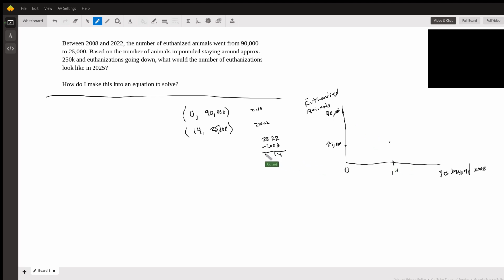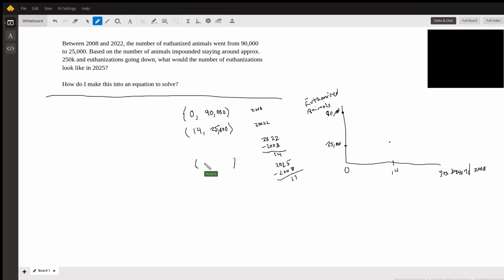And what they want to predict is the number of euthanized animals in 2025. So we're going to do the same thing here, 2025 minus 2008. And you can see that that would be 17 years later.